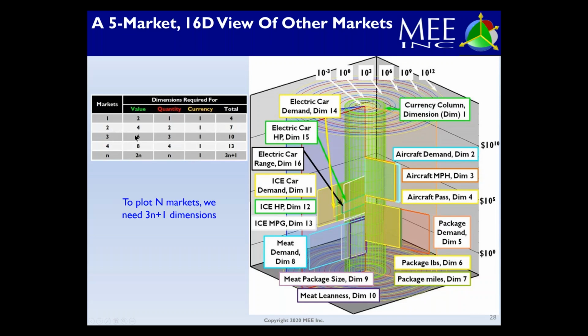We went to 3, we had 6 value variables, 3 quantity variables, and so on. So what we discover then is for n markets, we have 2n value variables, n quantity variables, and 1 currency variable for 3n plus 1 dimensions. And so to plot n markets, you need 3n plus 1 dimensions. This is about 3% of GDP.